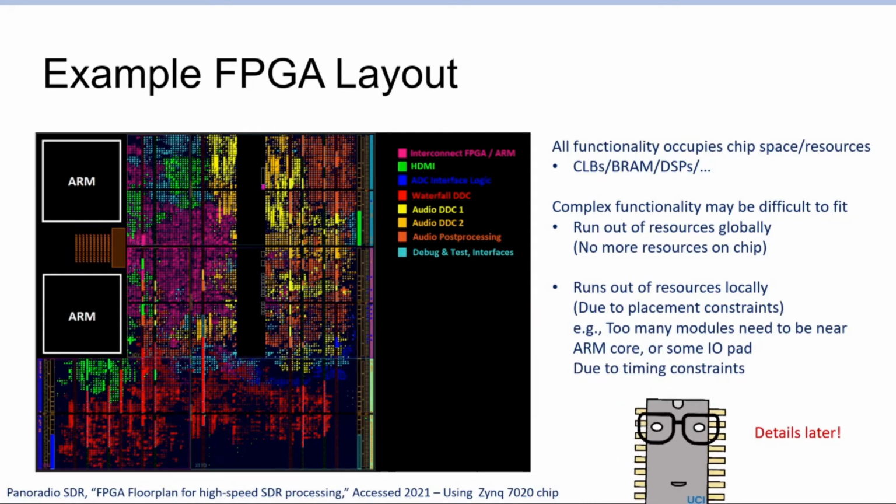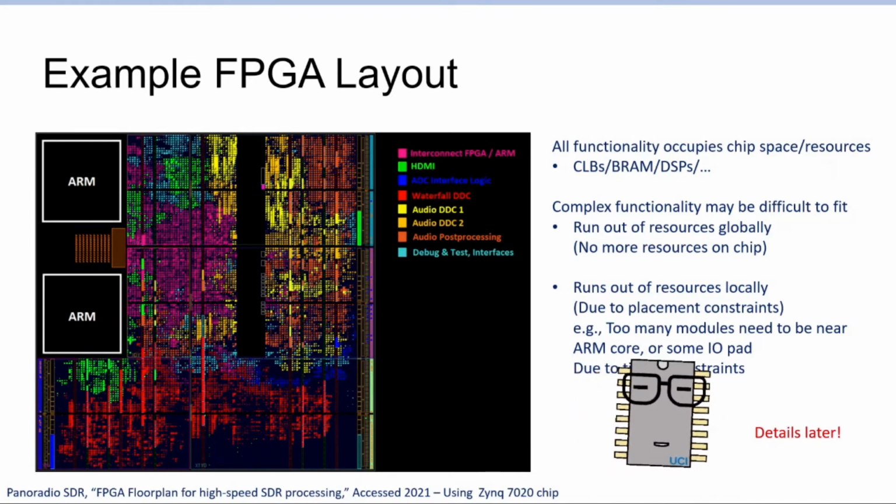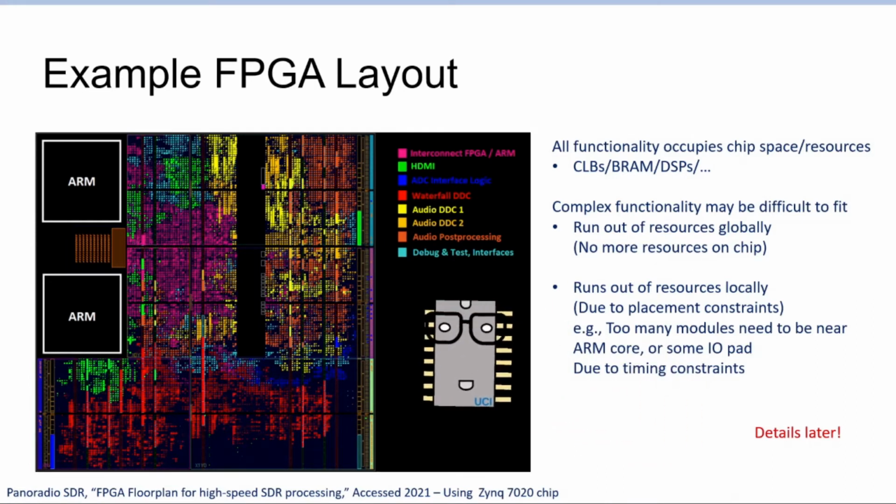We'll talk about more details about this later in the context of actually how to write hardware that suffers as little of these problems as possible, much like how we progressed through the GPU topics. But these two, and there's a lot more, of course, because like I mentioned, we are nearing the end of the programmability versus performance and efficiency spectrum. So there's a couple of problems like this.